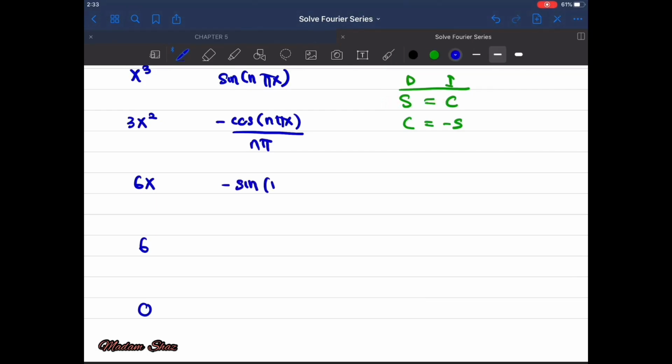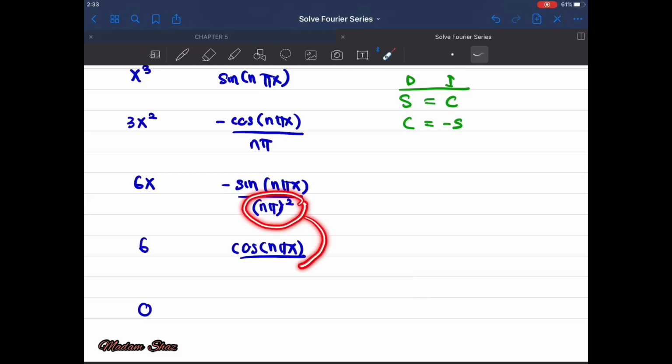Negative sin n pi x over, we already have n pi, and we differentiate one more time, this one will become n pi to the power of 2. Integrate negative sin will become cos n pi x divide with n pi to the power of 2.